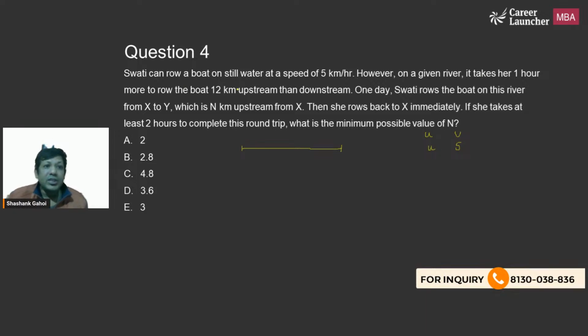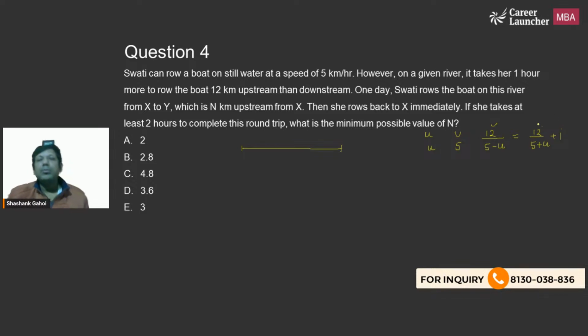She rows 12 kilometers upstream and downstream. Okay. And she takes 1 hour more for upstream. So what is the time taken in upstream? That is 12 upon 5 minus u. That is the distance upon speed, and the downstream time is 12 upon 5 plus u, and the upstream time is one more than the downstream time.